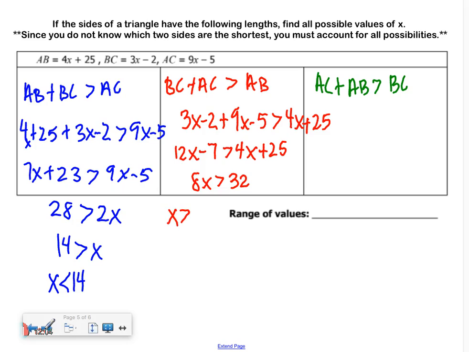I'm hoping we all got x is greater than 4. Yeah. We're allowed to move the x to the other side.